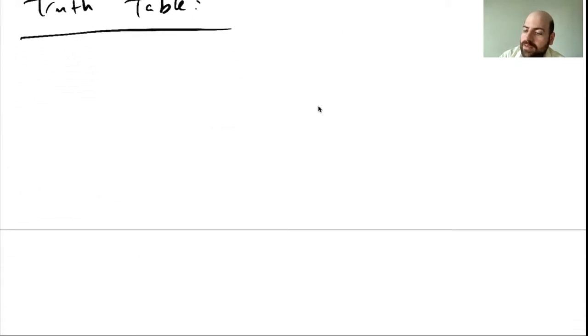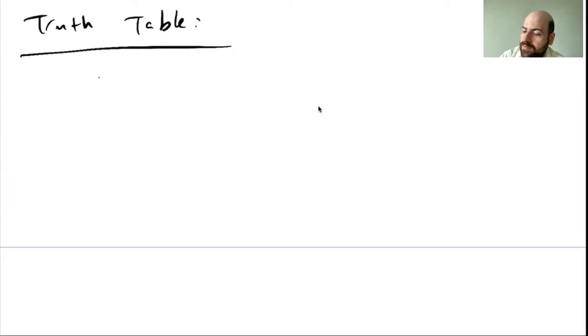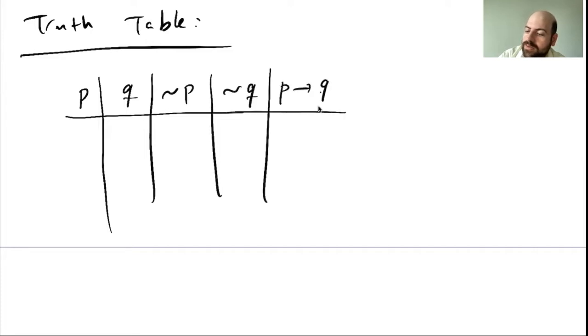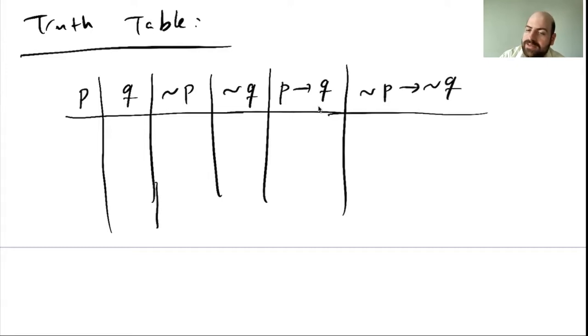So I have P here and Q here, and then P implies Q here. Okay, I also need negation P and negation Q. So let me include negation P, negation Q, P implies Q, negation P implies negation Q. So again, the possibilities are the same four possibilities that we had in the previous cases.